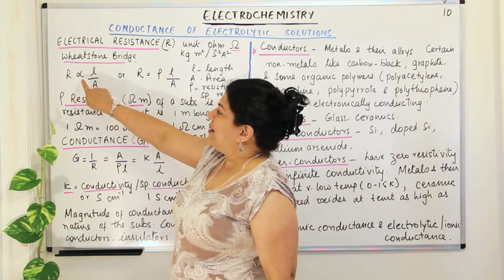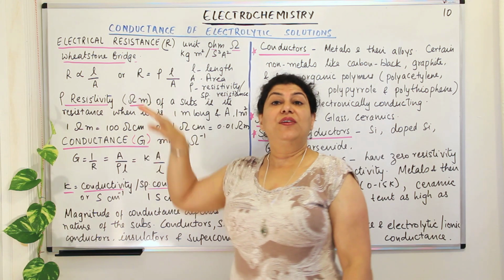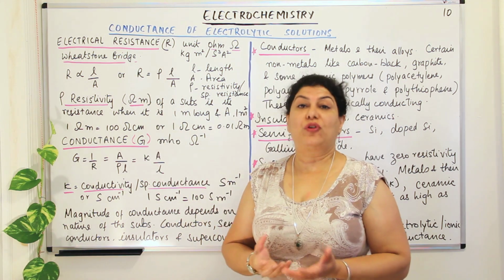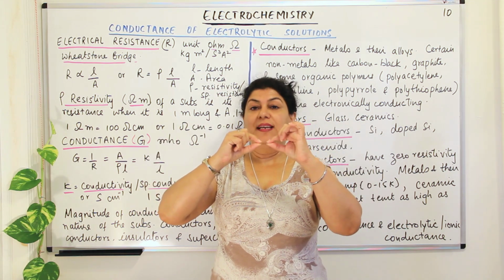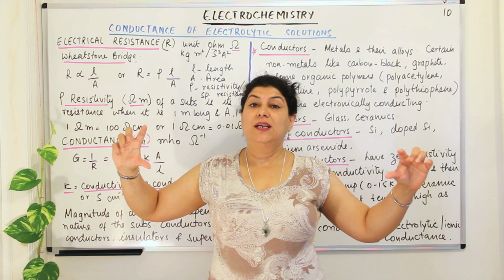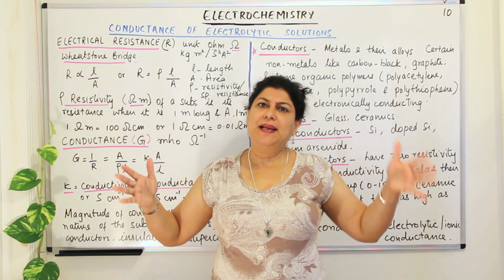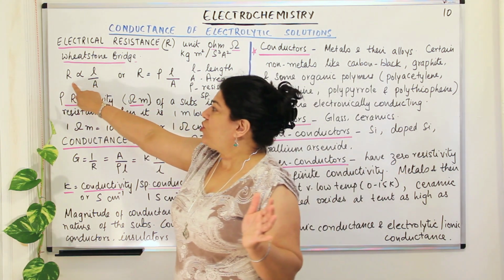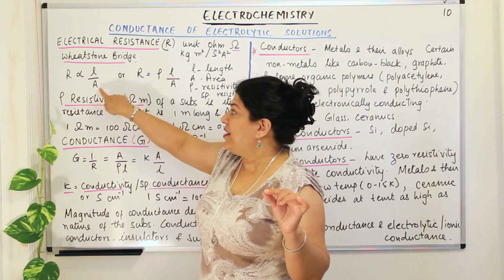So resistance is directly proportional to the length of the substance, and it is inversely proportional to the area of cross-section. So if you imagine a thin metallic wire, and a thick metallic rod of the same substance and the same length, then the one which is thicker has a greater area of cross-section.